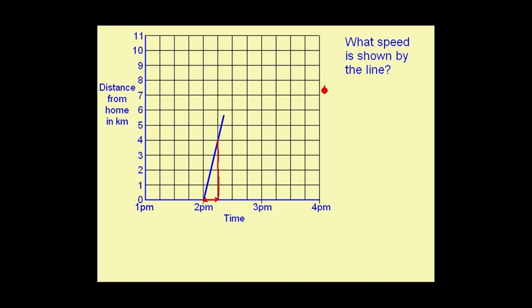So we have 4 kilometres in 15 minutes. I need to multiply this by 4 to get an hour. So I multiply this by 4 as well and get 16 kilometres. So the speed is 16 kilometres per hour.